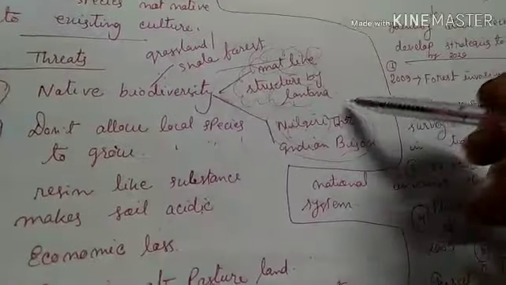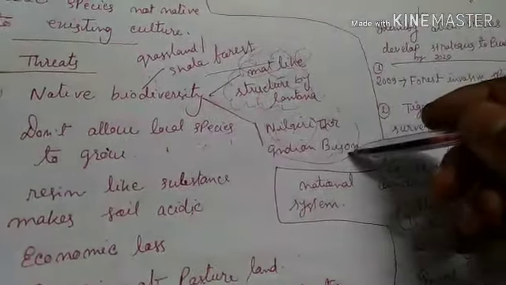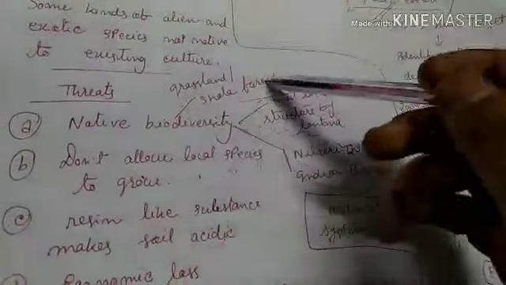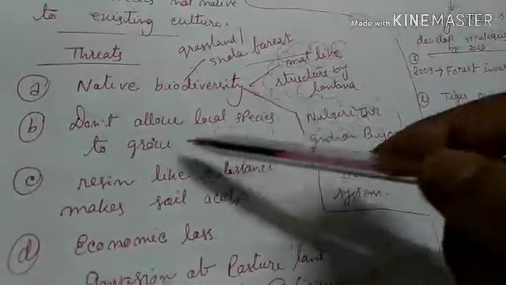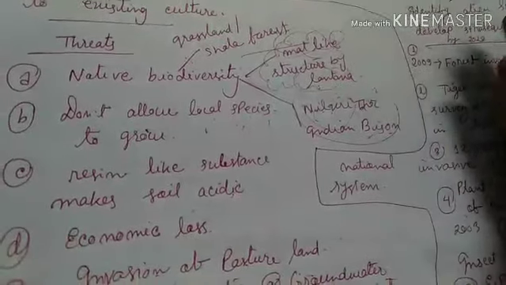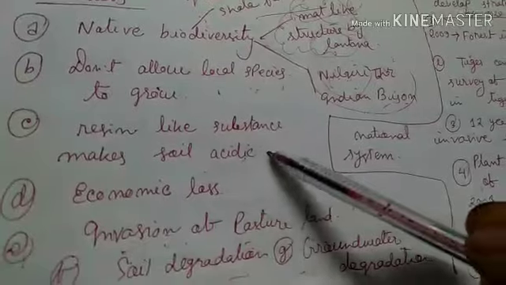The most affected animal species are the Nilgiri tahr and Indian bison, which have faced threats due to the invasive species. They do not allow local species to grow. They emanate a resin-like substance which makes the soil acidic.